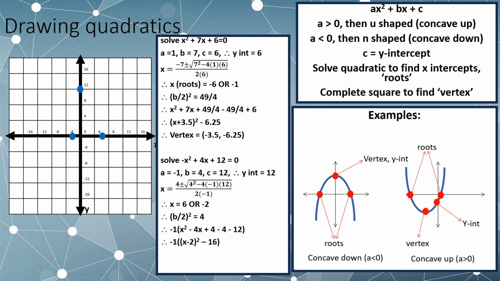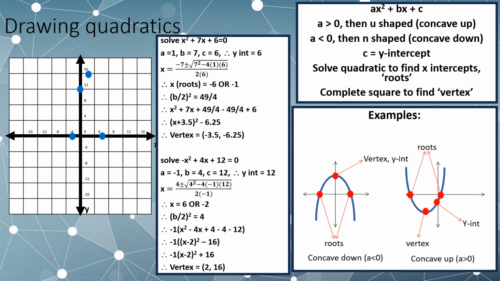Then removing the brackets for that 16 term because that sits outside of it, we can have -1 multiplied by (x minus 2) squared plus 16, which gives us our vertex of (2, 16), or our x value is 2 from the brackets, and our y value is 16 from outside the brackets.